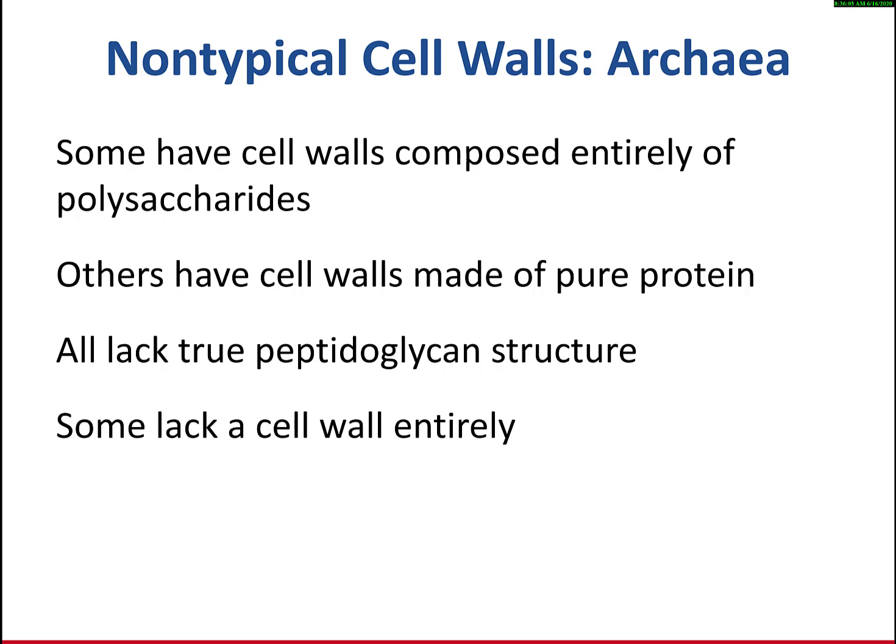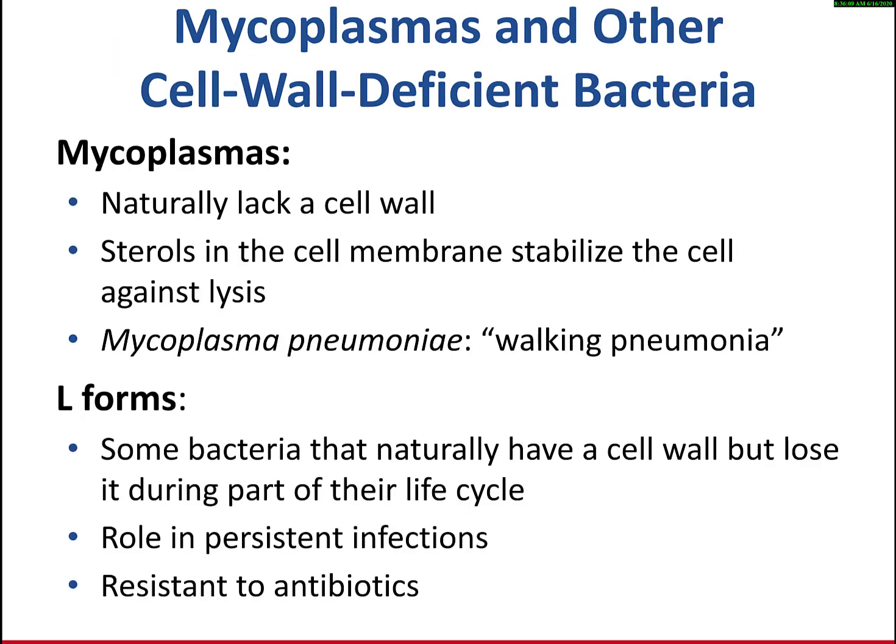It does not have the peptidoglycan, and some lack a cell wall entirely. The mycoplasmas naturally lack the cell wall, and it kind of speaks to the fact that it may be what we consider an intracellular type of pathogen, so it uses your cells.